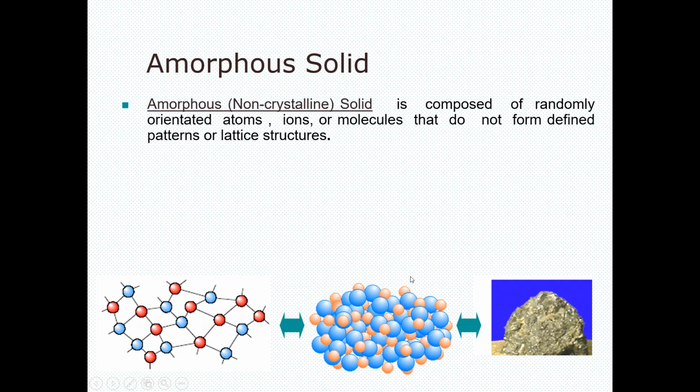Now what about amorphous materials? We can also call them non-crystalline solids. This is material composed of randomly oriented atoms, ions or molecules that do not form defined patterns or lattice structures. It is a form of solid where the atoms are irregularly arranged; there are no particular patterns.